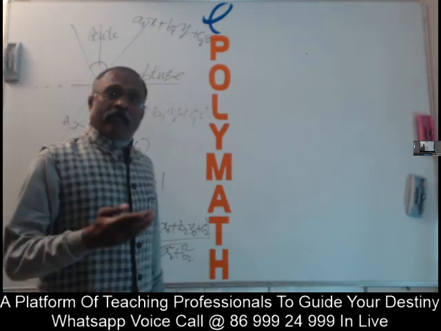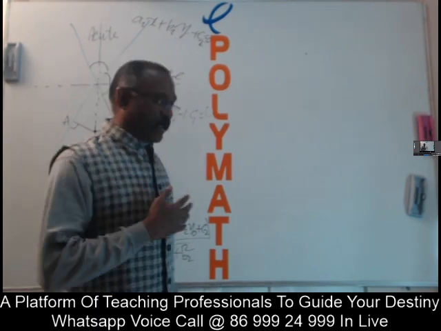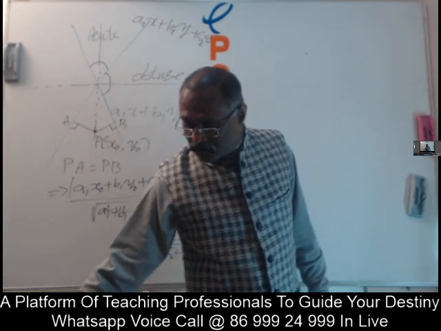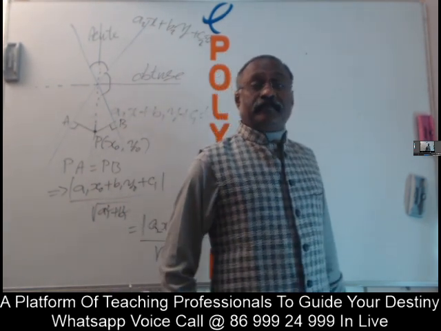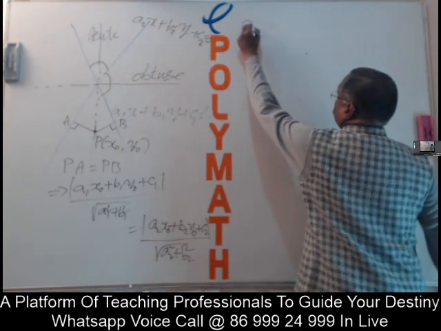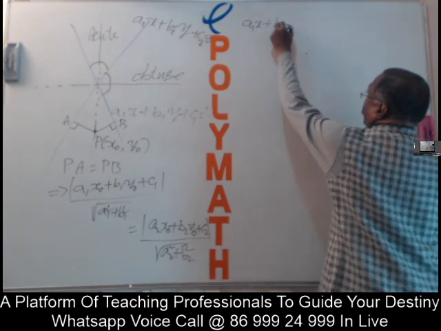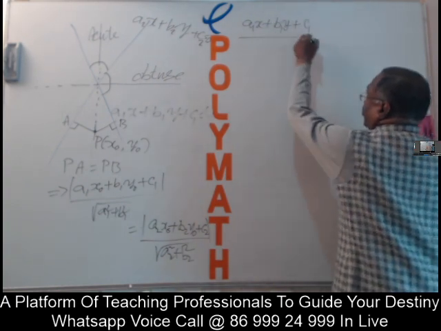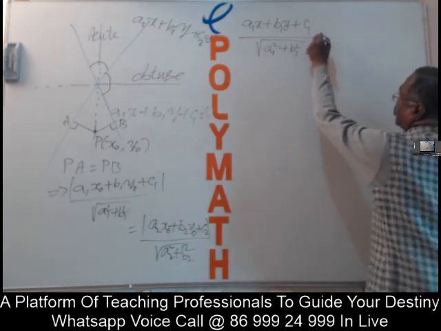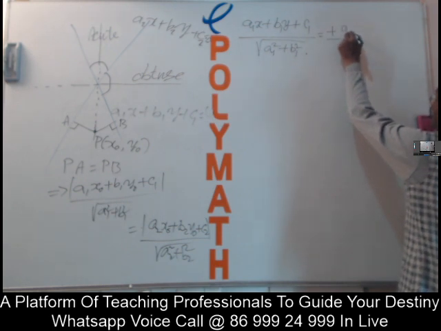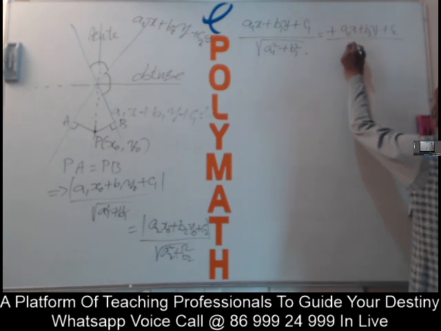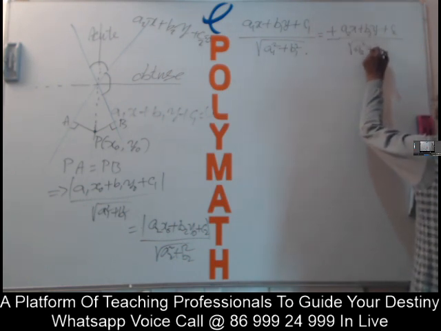So finally, what are the equations of angular bisectors? Now convert x naught, y naught to xy. That is, we are generalizing the equations now. That is a1x plus b1y plus c1 divided by root over a1 square plus b1 square is equal to plus or minus a2x plus b2y plus c2 divided by root over a2 square plus b2 square.